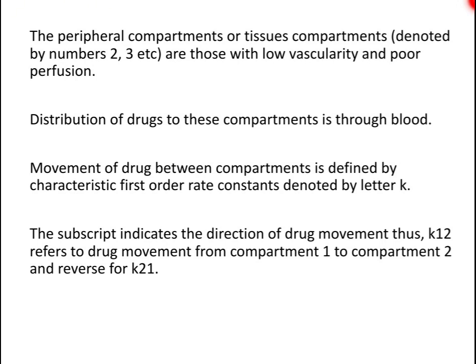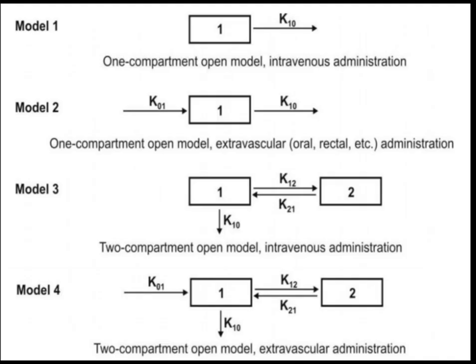Movement of the drug between compartments is defined by a characteristic first order rate constant denoted by the letter K. The subscript indicates the direction of drug movement. Thus, K12 refers to drug movement from compartment 1 to compartment 2, and reverse for K21. Model 1 represents one compartment open model, intravenous administration.